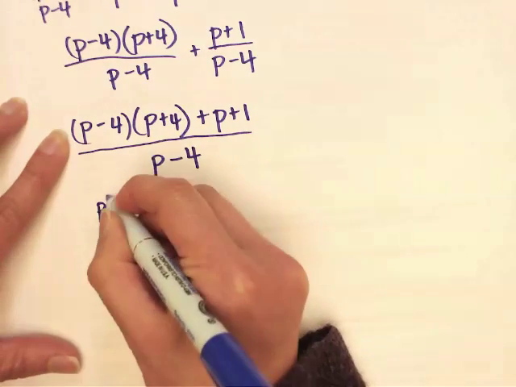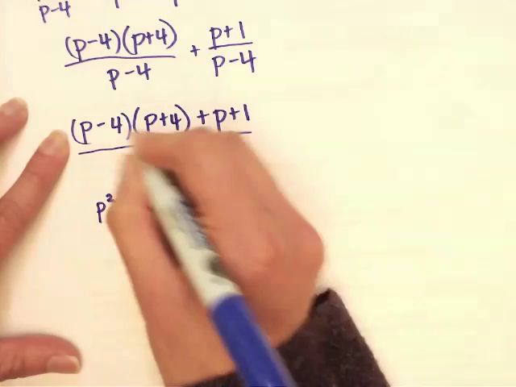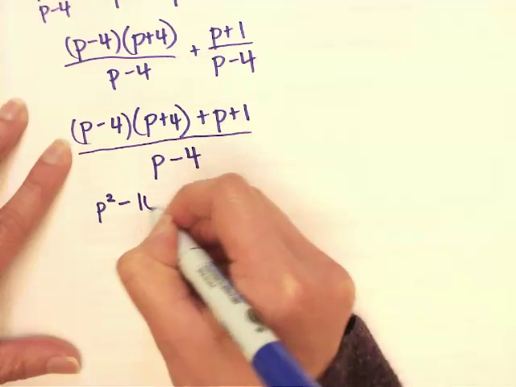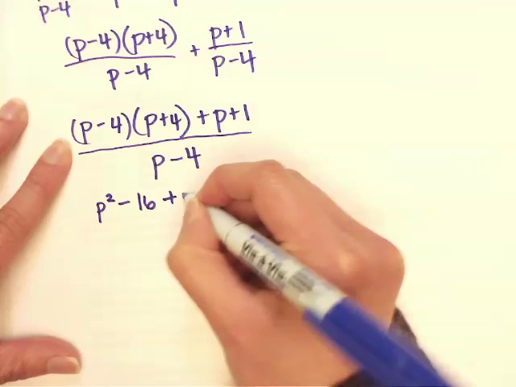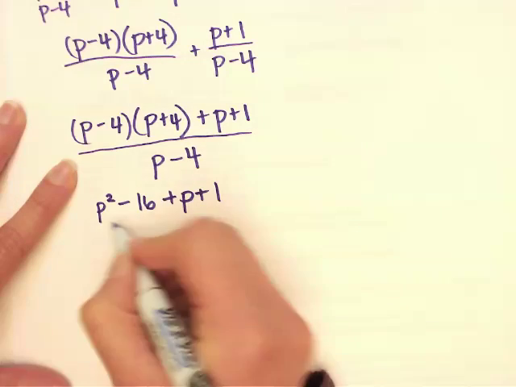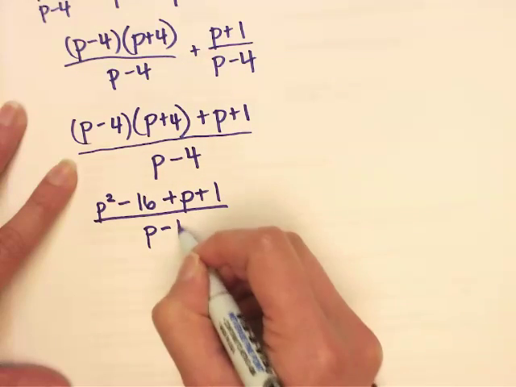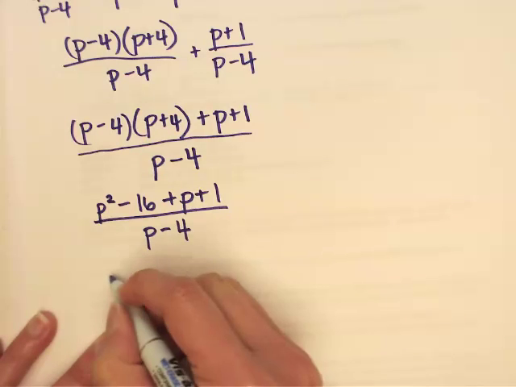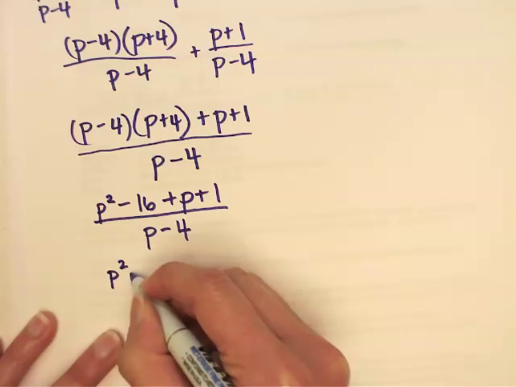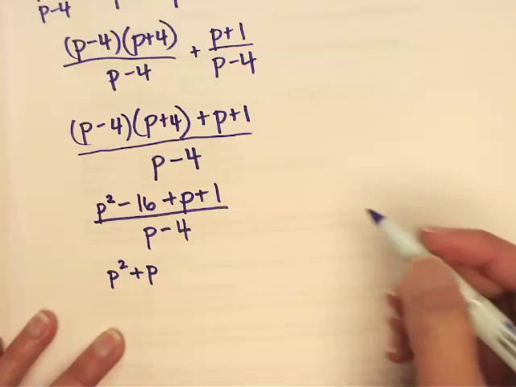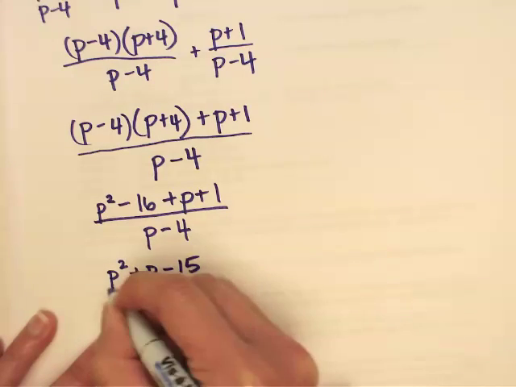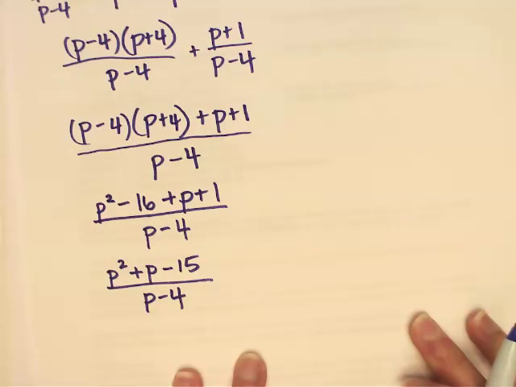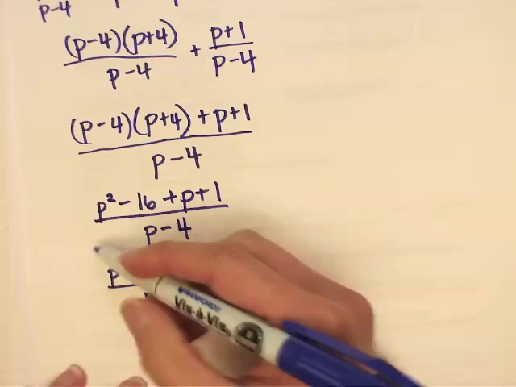Okay, that gives us p squared, 4p minus 4p gives us 0, and negative 16 plus p plus 1. Okay. And then we can simplify it even further. You can write it in descending order. Negative 16 plus 1 gives you a negative 15 over p minus 4. Okay. And that is your final answer.